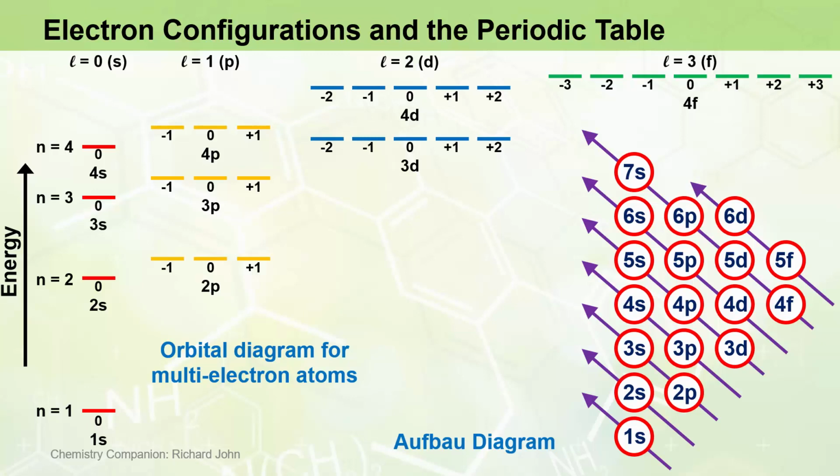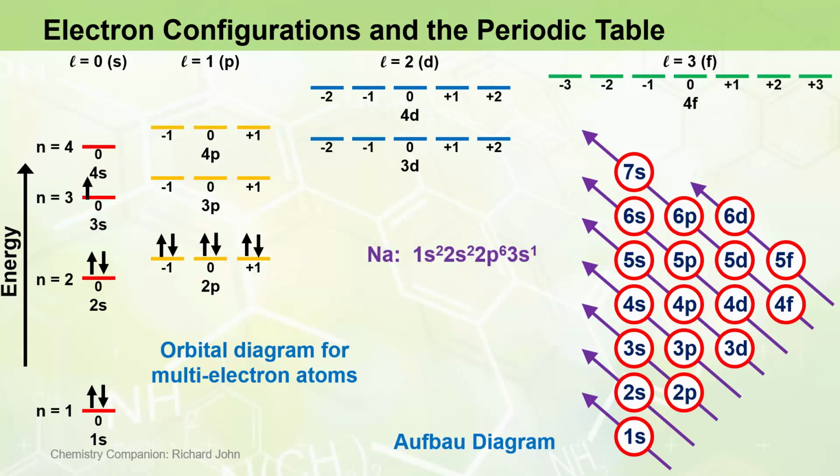For example, to generate the orbital diagram and electron configuration for the sodium atom, which has an atomic number of 11 and therefore 11 electrons in its electron cloud, we start by filling the 1s subshell with 2 electrons, spin paired, then the 2s subshell with 2 electrons, spin paired, then the 2p subshell, in order, according to Hund's rule, placing single electrons in separate orbitals with parallel spin before spin pairing, and then finally placing the 11th electron into the 3s subshell.